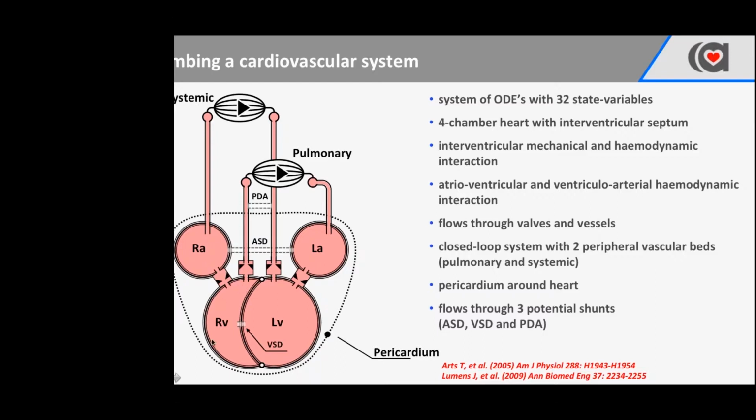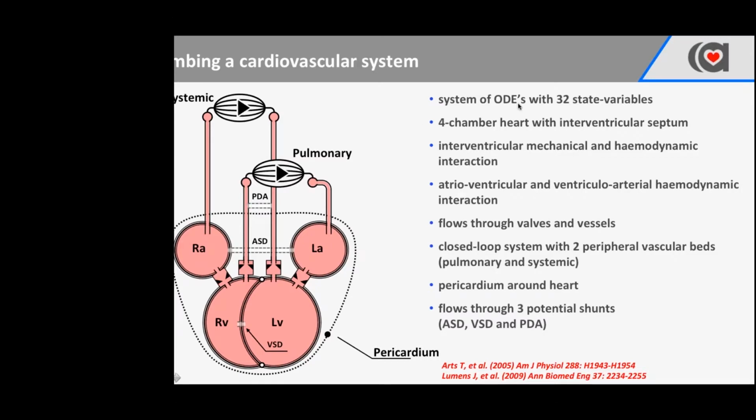But in case there is no right ventricle at all, then still it is possible to arrive at the pulmonary circulation by means of the left atrium, the left ventricle, then going into the aorta, and then by means of an open ductus arteriosus, and then go into the pulmonary artery. So this plumbing system is very, very versatile when it comes to congenital heart diseases, or the way the cardiovascular system is structured.